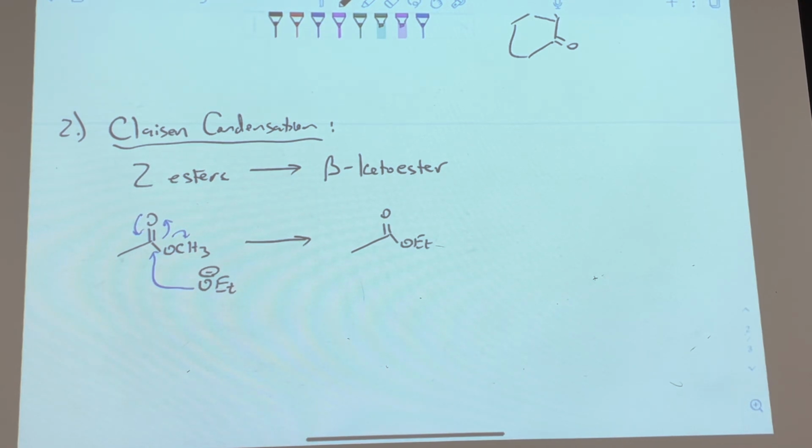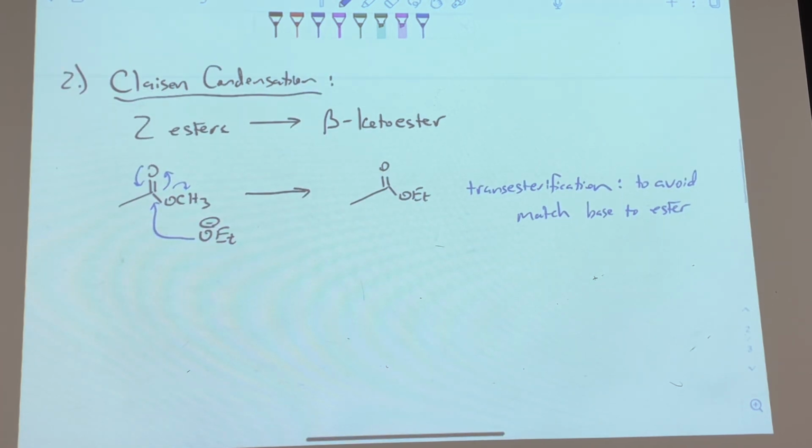By the way, this is given a special name. We call this transesterification. And that's something we obviously don't want. So to avoid transesterification, we just have to match the base to the ester.